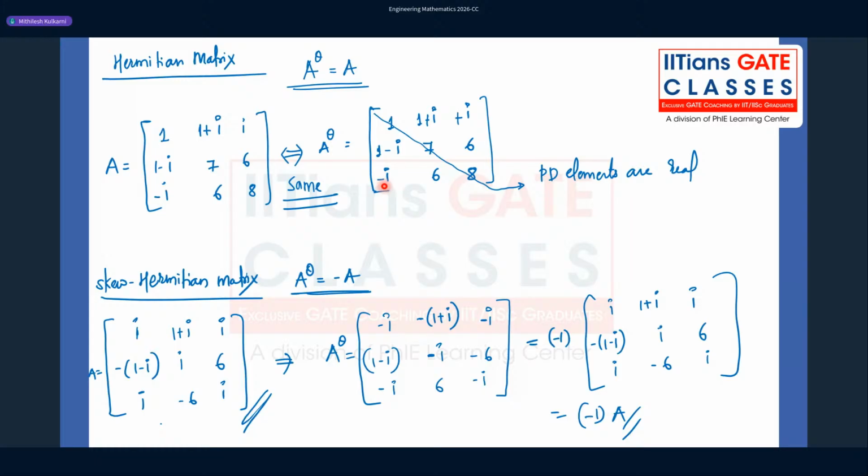Another example here for the skew Hermitian matrix. I have a matrix i, 1 plus i, minus of 1 minus i, 6, i, minus 6 and i. And if I take A to the power theta, I'll end up with a minus of A, a negative of the original matrix. And that's why you can say this matrix is a skew Hermitian matrix.